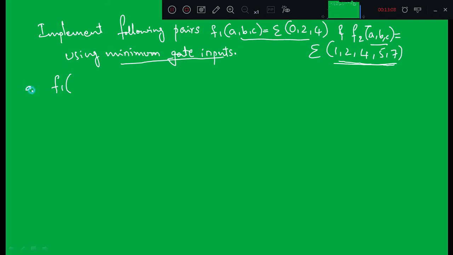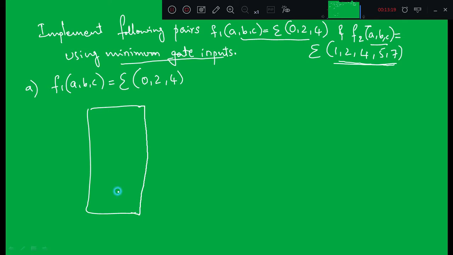I'll keep the first function as it is, that is f1 of abc, which has a minimum number of minterms. So I'll directly implement this part using the 74138 decoder. It is not mentioned, but it is a continuation of the previous problem, which is using the 74138 decoder. So Y0, Y1, Y2, Y3, Y4, Y5, Y6, Y7.